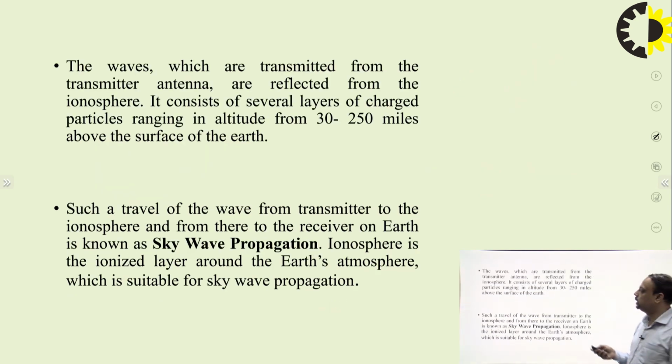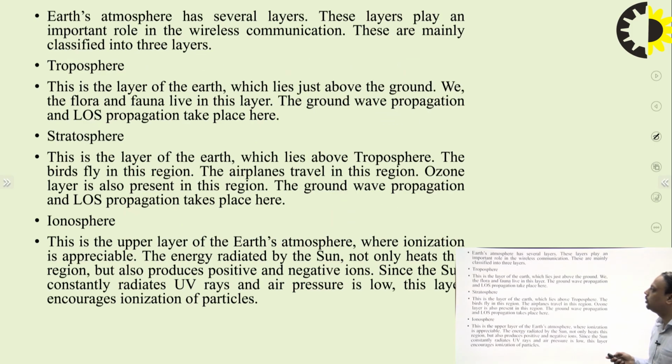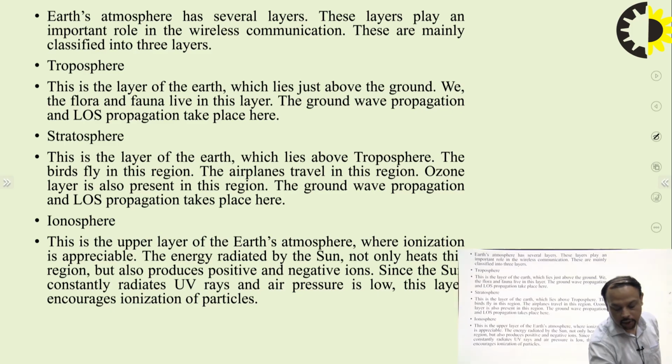So these are some descriptions of the different layers of the ionosphere. The ionosphere exists between 30 miles and 250 miles, and we use it for sky wave propagation. These are the different layers of the Earth's atmosphere.